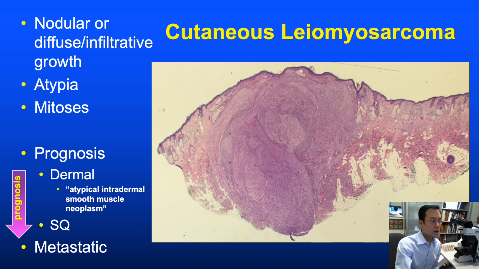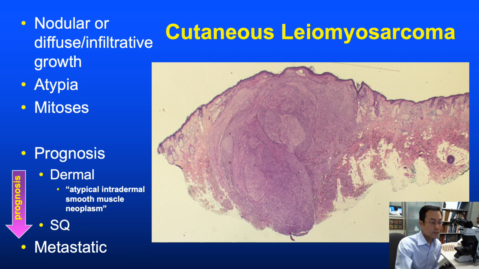So these smaller superficial lesions that are limited to the dermis, even cytologically and immunophenotypically identical to the bigger, deeper, nastier ones, exhibit essentially benign behavior after complete excision, so much so that some have proposed that they not even be called sarcomas. Rather, the term atypical intradermal smooth muscle neoplasm has been proposed.